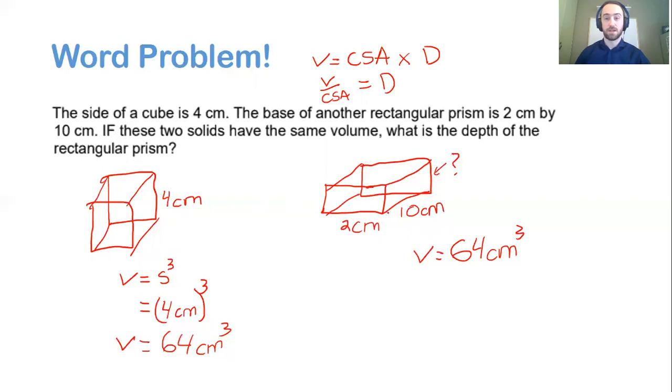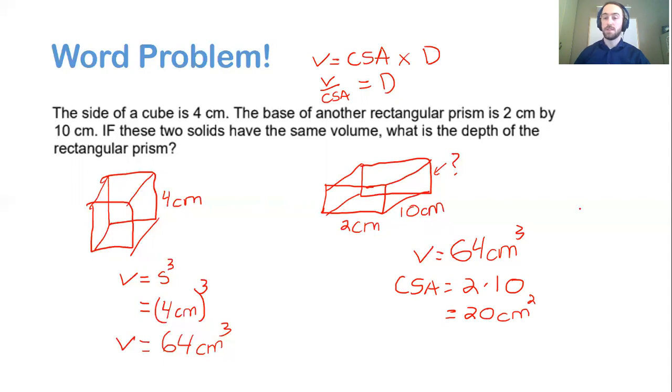We can calculate the cross-sectional area because we're given the length and the width of our rectangle on the bottom. So our cross-sectional area is simply length times width, or 2 times 10, giving us an answer of 20 centimeters squared.